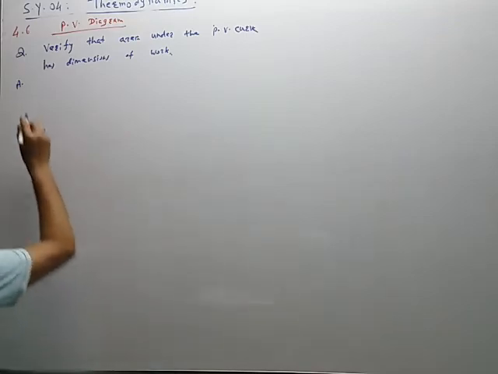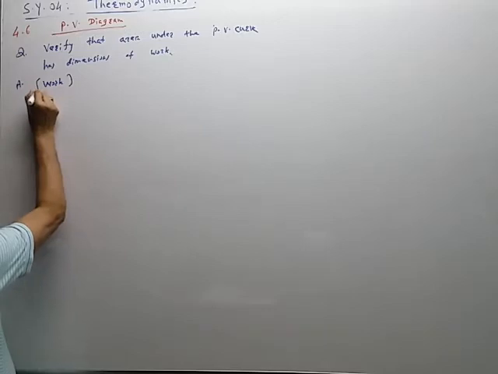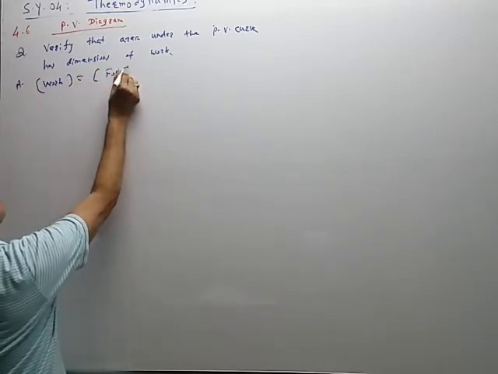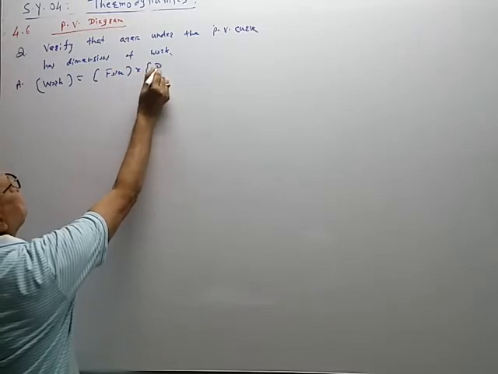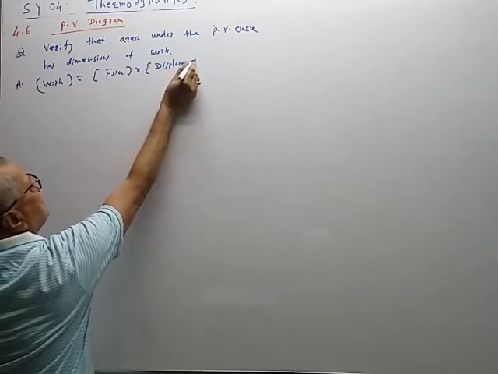So we know the dimensions of work. Dimensions of work is equal to dimensions of force multiplied by dimensions of displacement. This is the dimensional method.